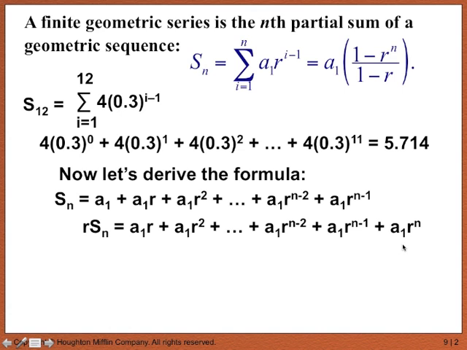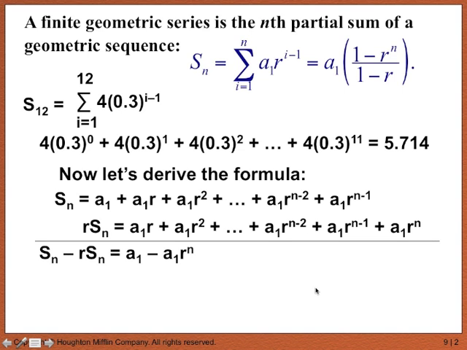And if we subtract the second equation, r times S sub n, from the first, and the first equation is S sub n equals etc., etc., etc. If we do that subtraction, this is what we get.